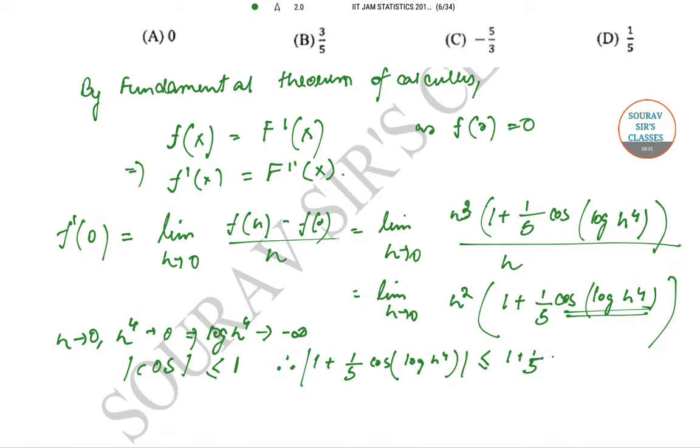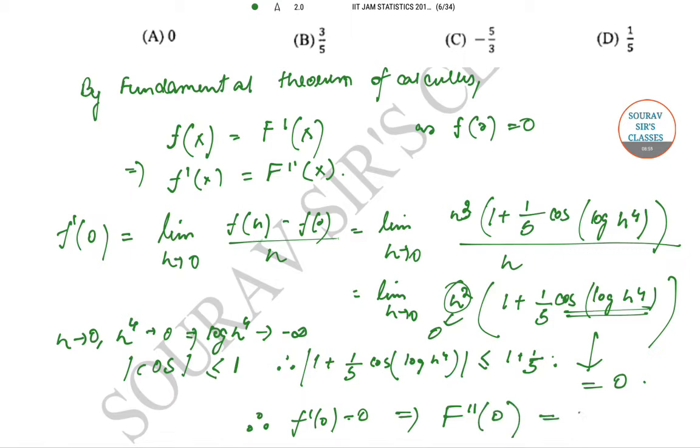Now, since this is a bounded function and we have an extra h square which goes to 0, this dominates this entire function and the limit is equal to 0. Therefore, f prime 0 is equal to 0. Therefore, capital F double prime of 0 is equal to 0.